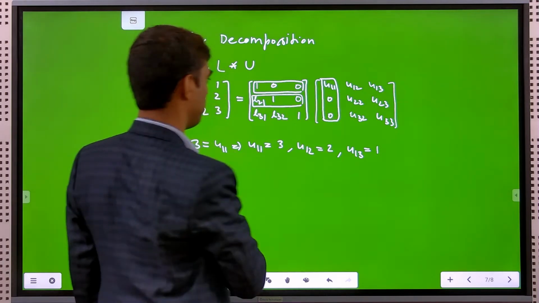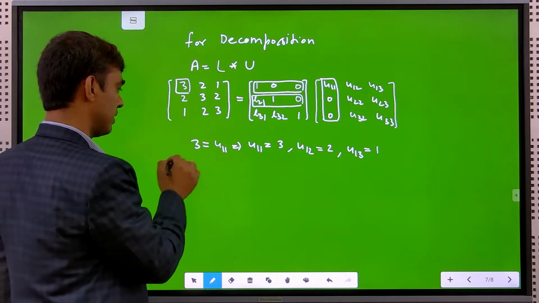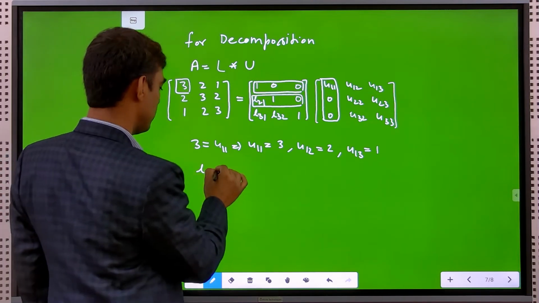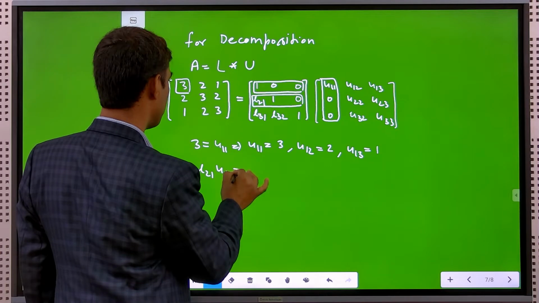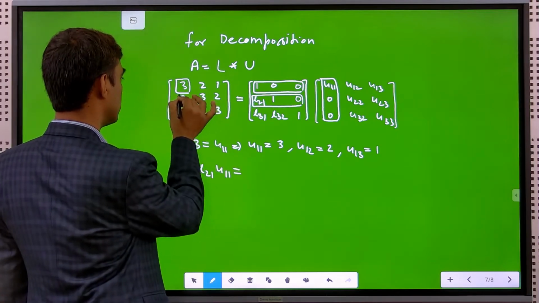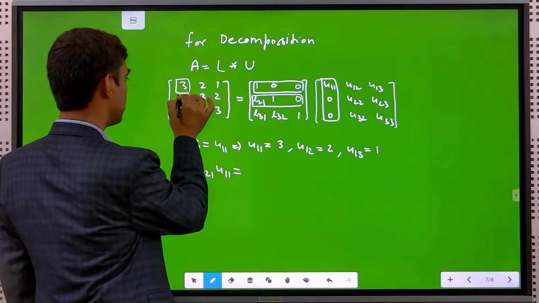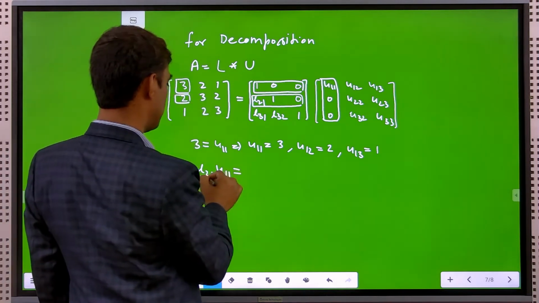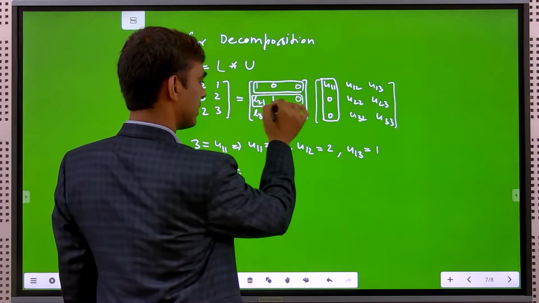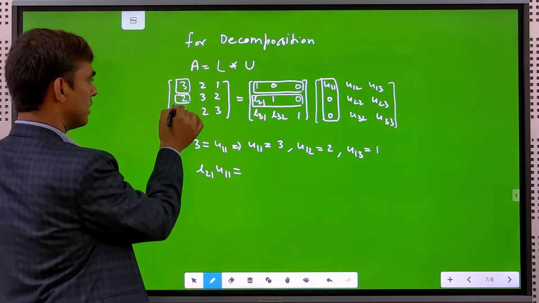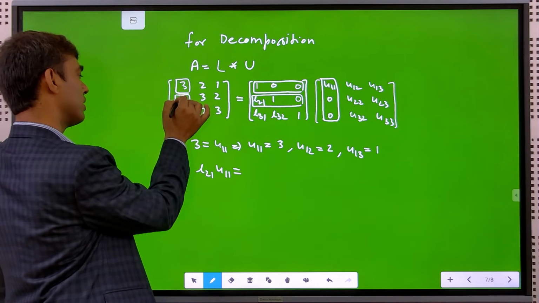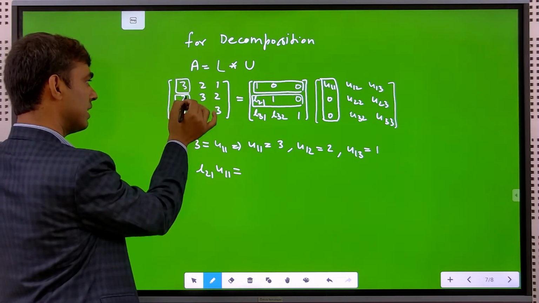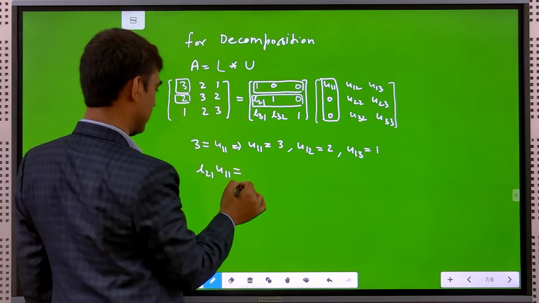Now similarly, we multiply the second row by the first column. Then L21 times U11 equals the element A21, which is 2.